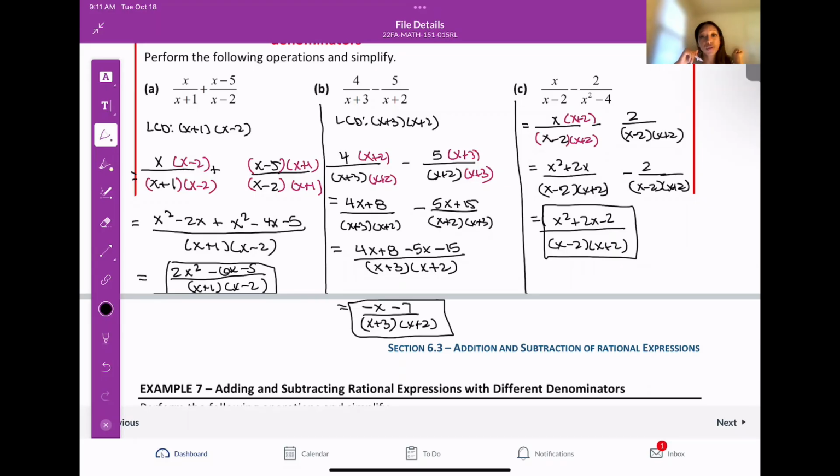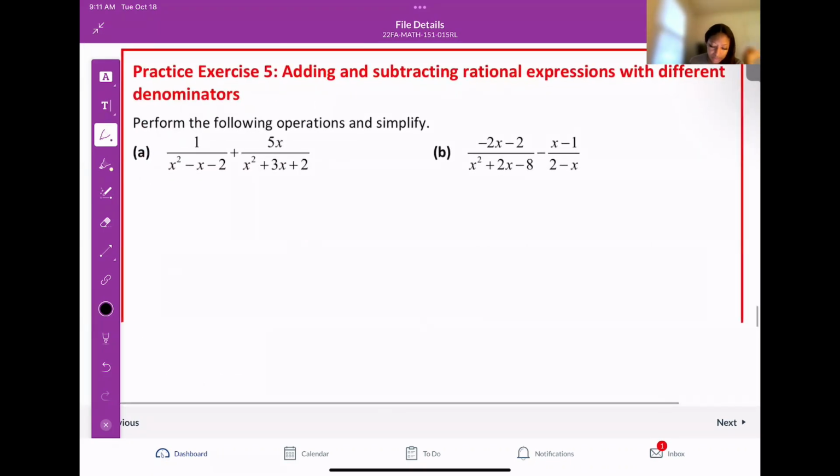All right, then we'll do two more of these that kind of simplify a little bit more at the end. So last two, it says, adding and subtracting rational expressions with different denominators. Same thing that we did before, except these denominators are a little bit funky, so we have a little bit more to do to figure out our LCDs. Starting with the first expression, 1 over x squared minus x minus 2 plus 5x over x squared plus 3x plus 2.